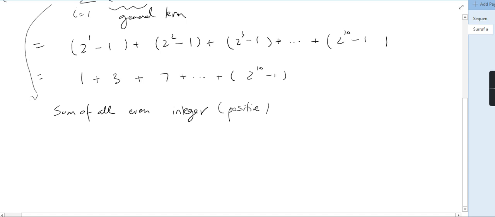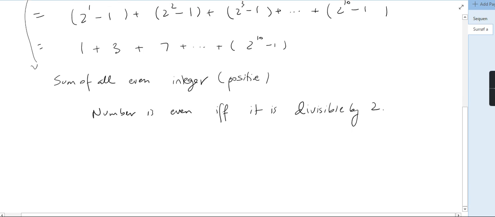So a number is even if and only if it is divisible by 2, right? So every number that is even must be divisible by 2. So it must be of the form 2 times k.